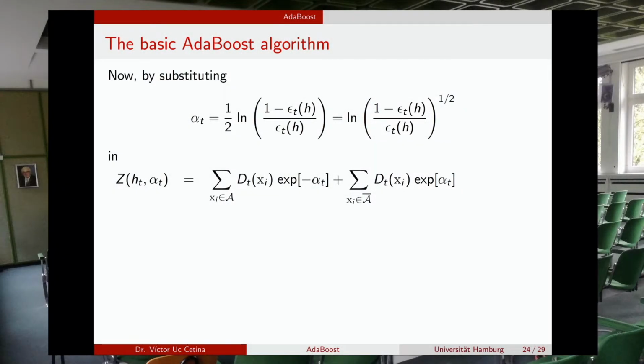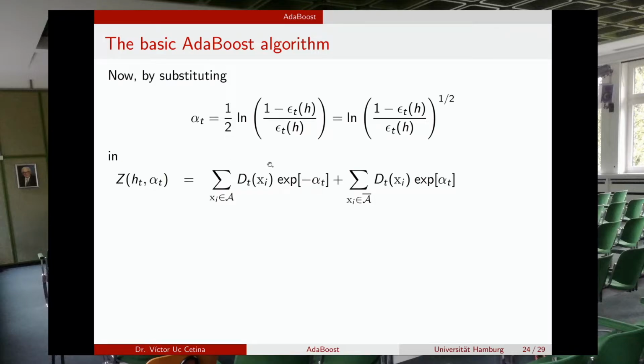What we're going to do now is to use this expression we have for alpha to continue analyzing the Z function. And what we are going to see after this analysis is that the error of a strong classifier is upper bounded by the number of weak classifiers that you decide to train.